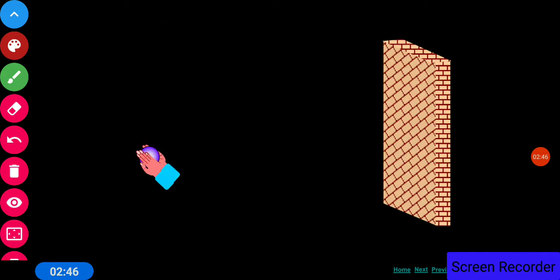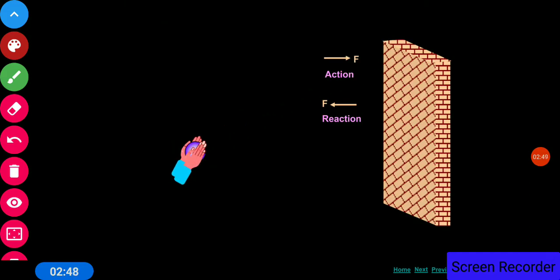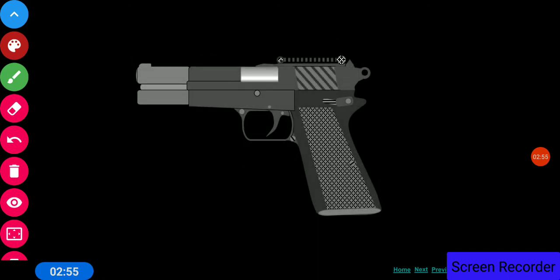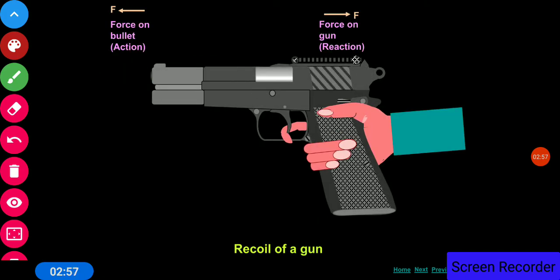Now this is a ball. If a ball is thrown on the ground, that is the action, and due to the reaction it comes back to the hands of the person. If we trigger a gun, the force on the bullet is the action and the force on the gun is the reaction, which is known as the recoil of a gun.